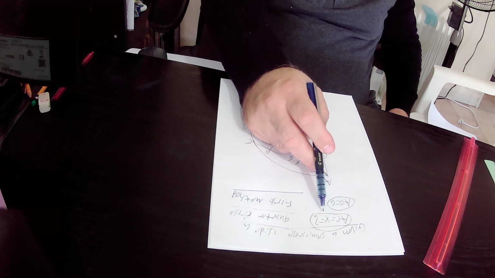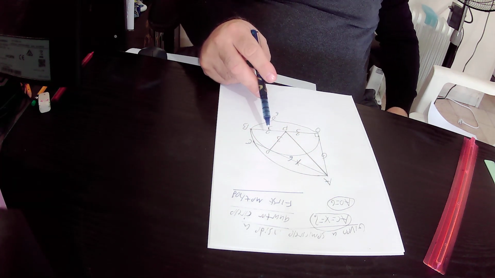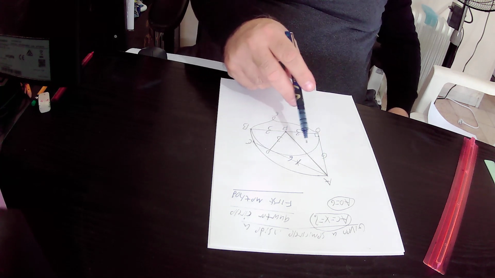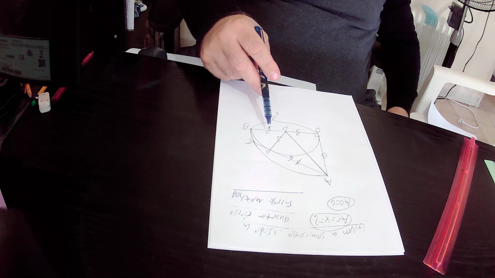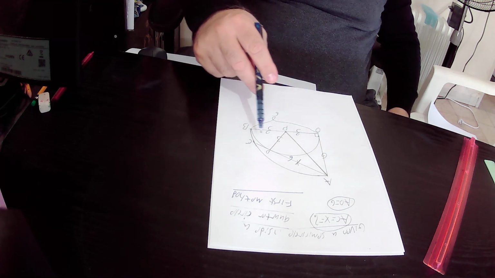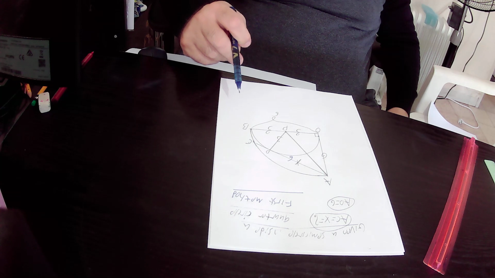Here AC equals X, and AD is shorter than AC, okay? Here AD is the second tangent to the semicircle, and it is shorter than tangent AC, that is the tangent of the line segments that we are looking for.